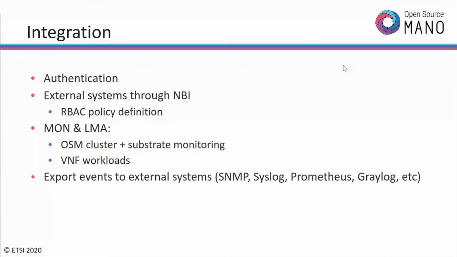So these are multiple ways that we currently use for our customers to help them export OSM events to other systems. Overall, upstream charms really help with integration, streamlining the integrations and abstracting the complexity of integration configuration.